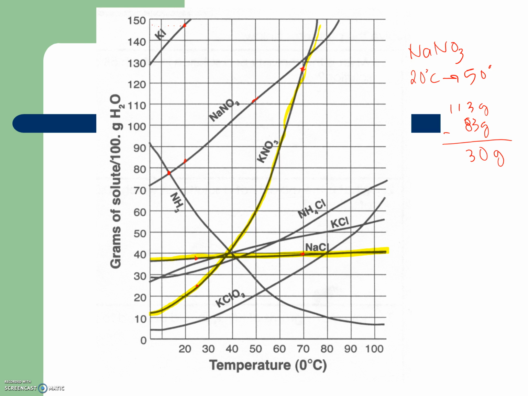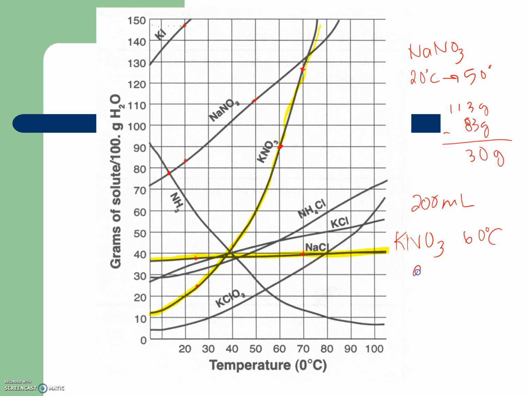So the types of questions you'll see for this is just reading a graph. Sometimes you'll be asked how much dissolves in 200 milliliters. And so in this case, we can look at potassium nitrate, at, let's pick a nice easy one, 60 degrees Celsius.